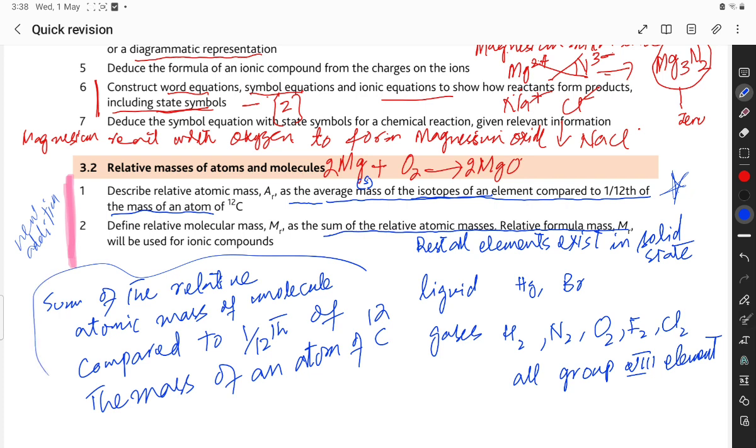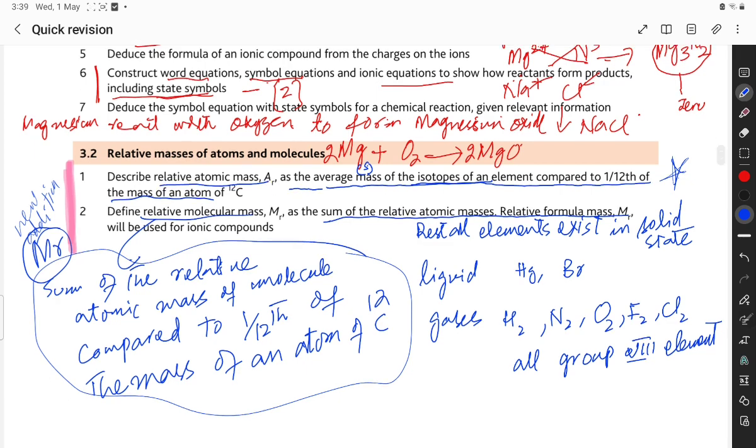So this is the definition of Mr, and this is a new addition, and it will definitely be asked in the exam. So please learn these definitions by heart. This is the definition of relative molecular mass, and this is relative atomic mass.